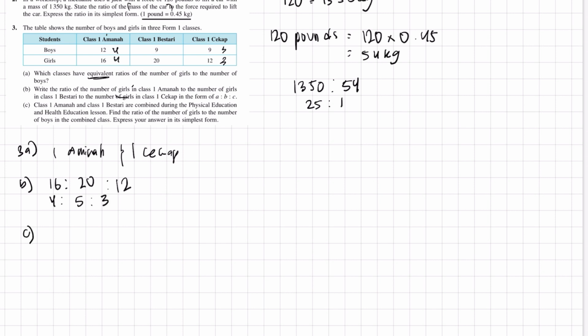Number 3C. One aminah and one bastari are combined. It wants us to find the ratio of girls to the number of boys. So we combine first, and we get boys is 21 and girls is 36.